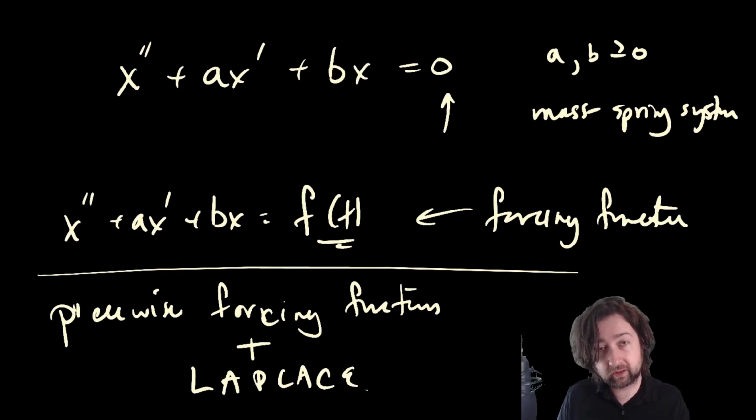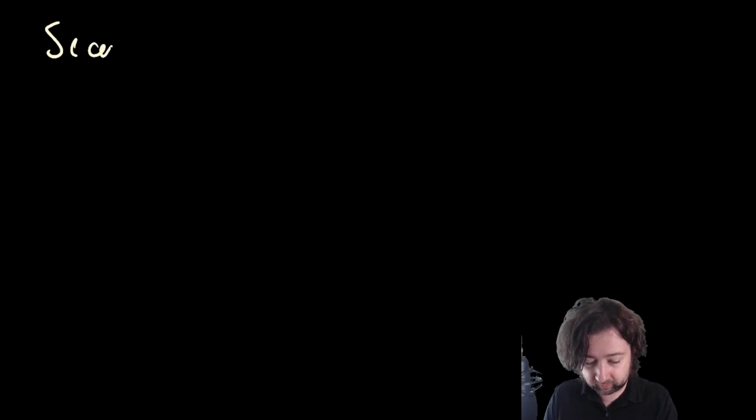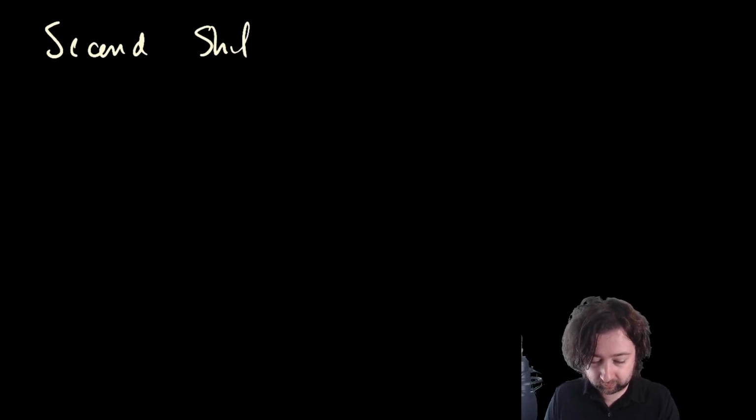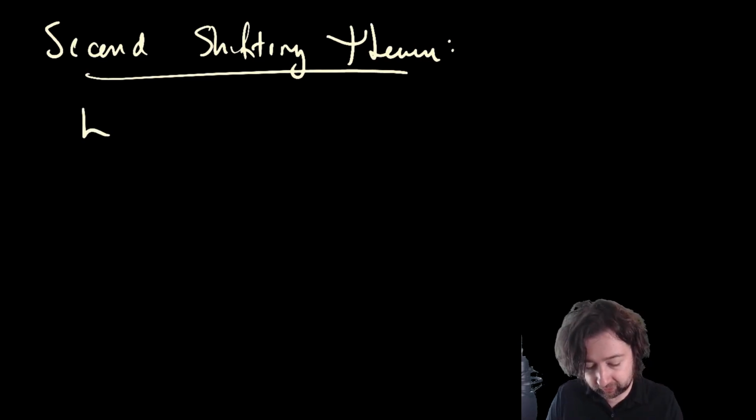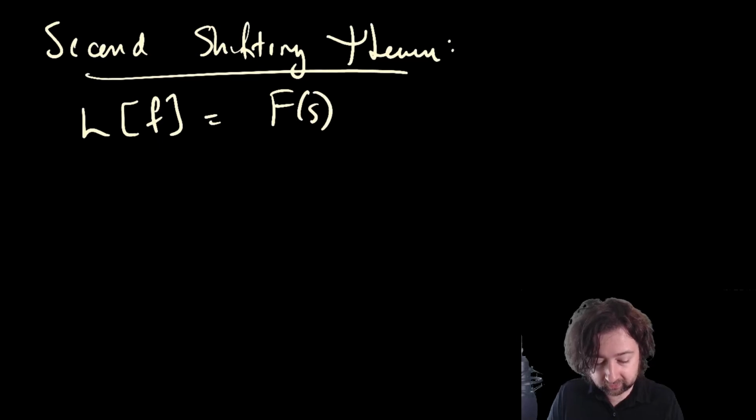And that's going to be the content of the second shifting theorem, which we will write down right now. So the second shifting theorem says the following. Let's write down that the Laplace transform of little f is equal to capital F of s.